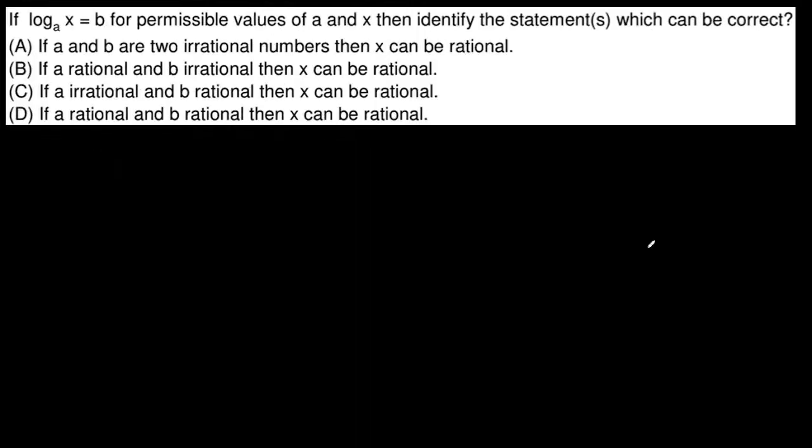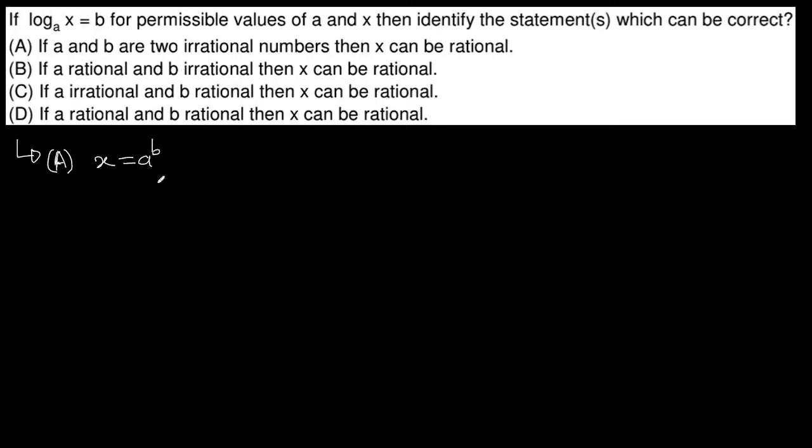Okay. Log x base a is equal to b for permissible values of a and x. Then identify the statement. A and b are two irrational numbers, then x can be rational. If we try to check option A, if a and b are two irrational numbers, then x can be rational. x is equal to a to the power b.